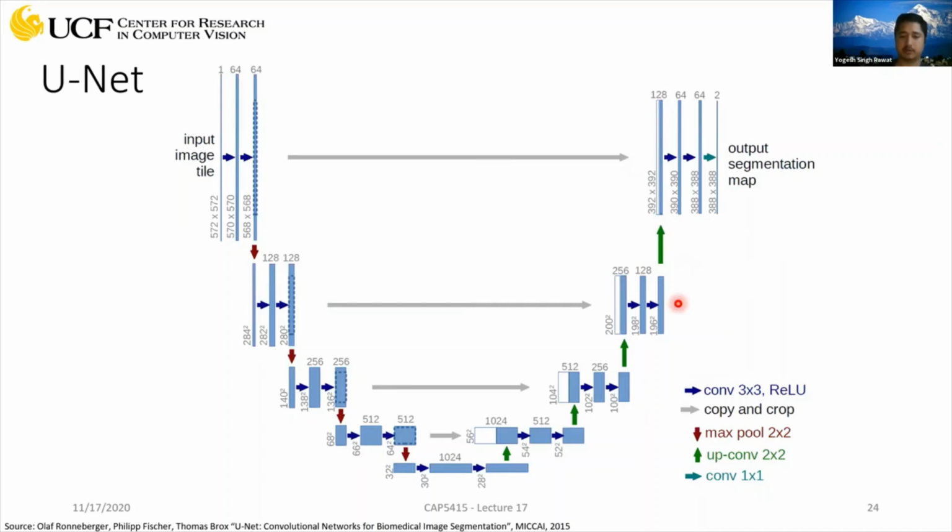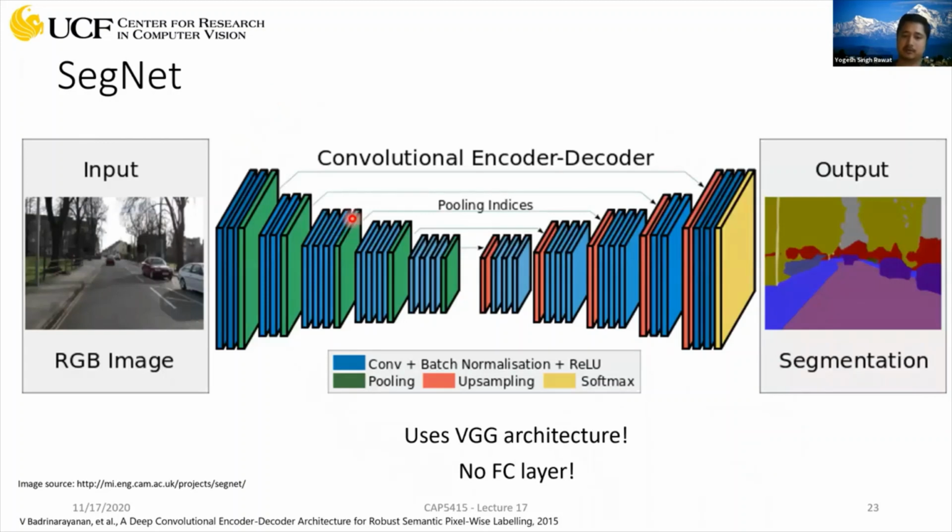Using interpolation or maybe just repeating the values. And instead of cropping the input feature space like this, we can just take the full feature map here and concat, and that is possible if the resolution of feature maps at this level is the same as this. Which is the case for SegNet, right? The resolution is the same at the corresponding layers.